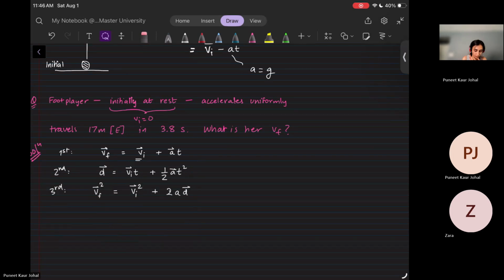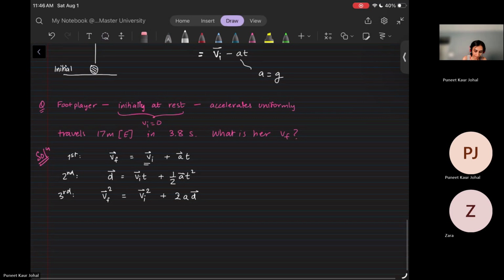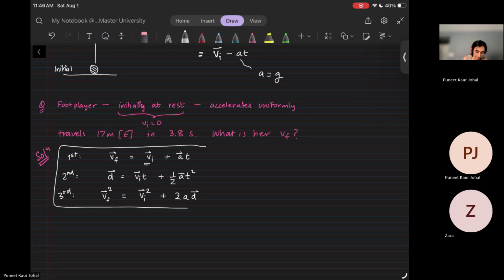Select, first of all, which equation would be useful, right? Which equation would you use? Probably the first one?